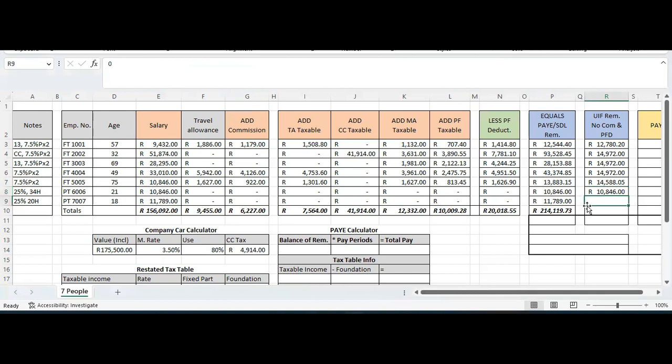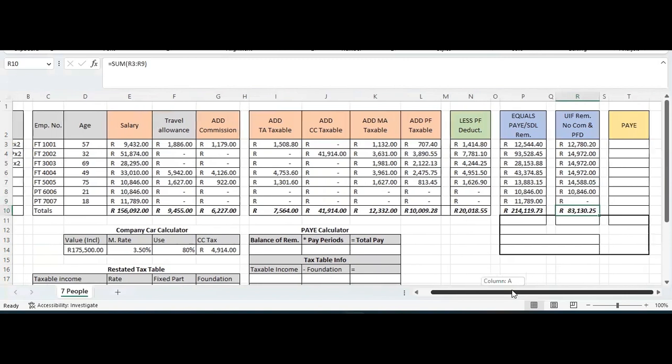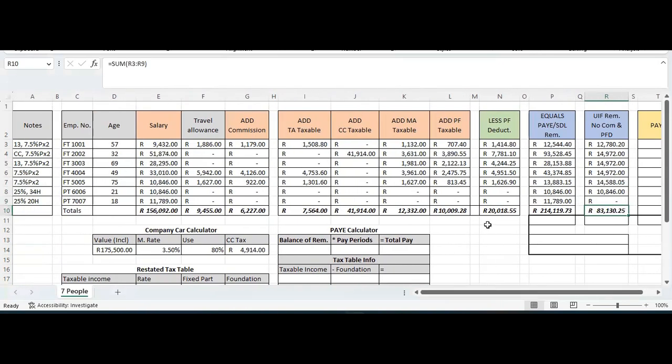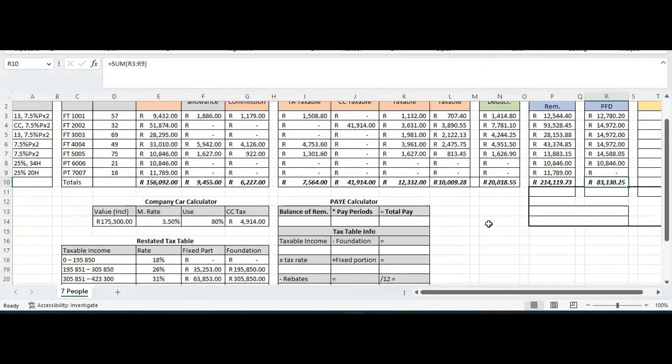And the guy that only worked for 20 hours does not contribute to UIF, so it will simply be naught. Okay, now we can go and add that column as well. And now we have to go and calculate the pay-as-you-earn deduction for each one of these 7 employees. Okay, now this is how we do it.